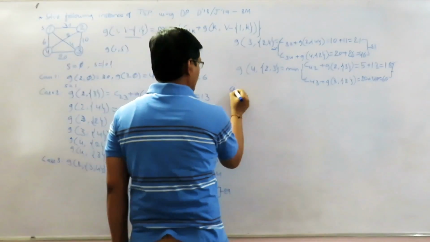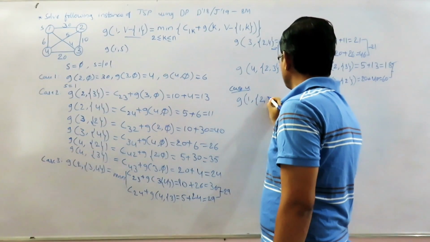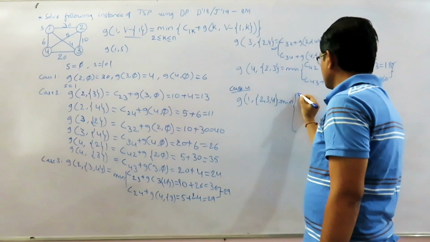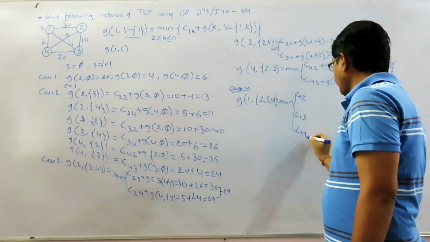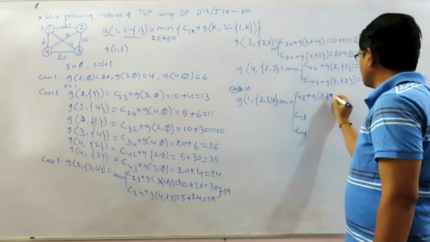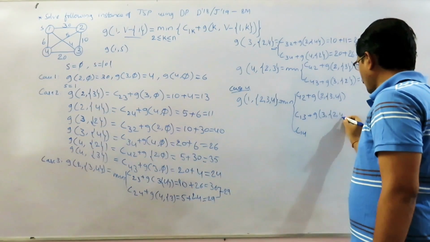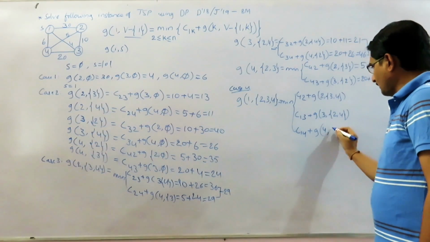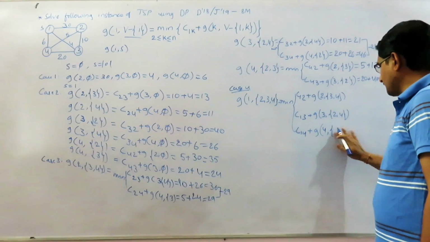So case 4 is G of 1, 2, 3 and 4. This is equal to the minimum of C12, C13, C14 plus G of 2, 3, 4, plus G of 3, 2, 4, plus G of 4, 2 and 3.